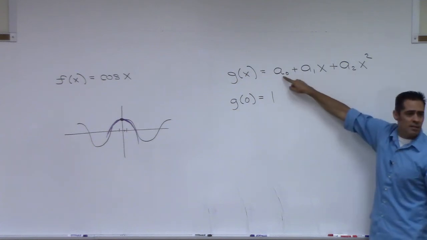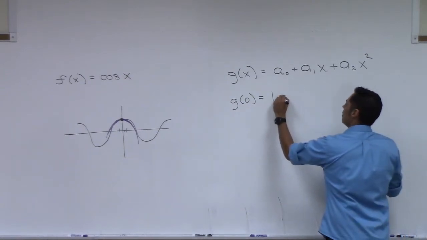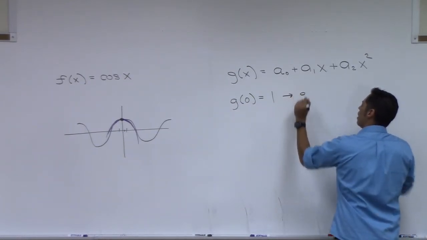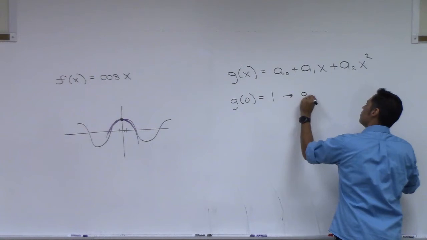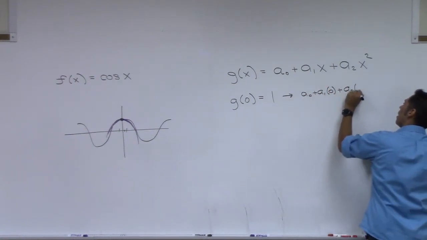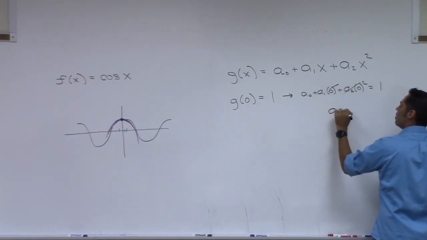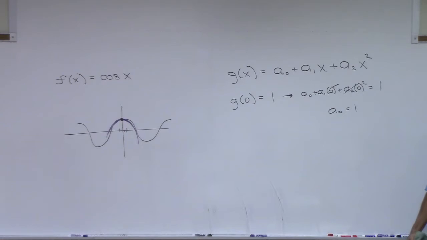That means that constant needs to be 1. Agreed? So just by that, I know that g of 0, which is a sub 0 plus a sub 1 times 0 plus a sub 2 times 0 squared, I need that to be 1, which means that a sub 0 is equal to 1. So far, that makes sense?